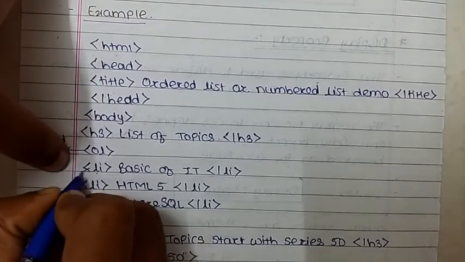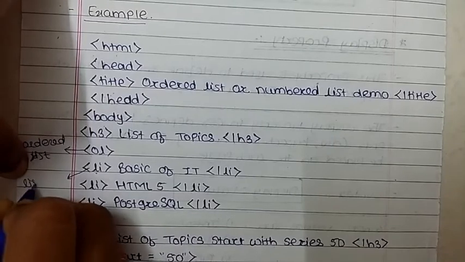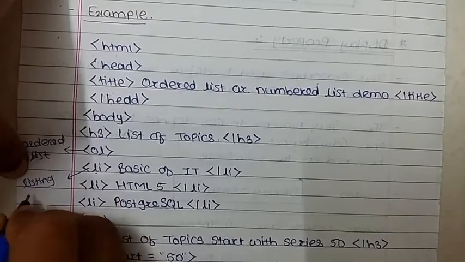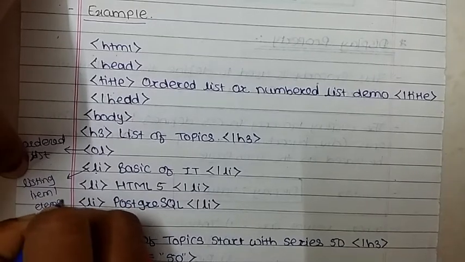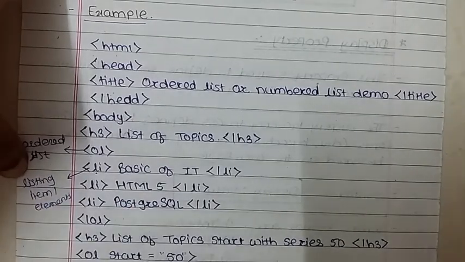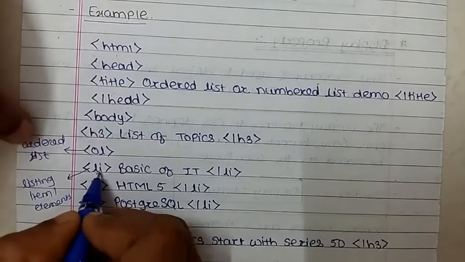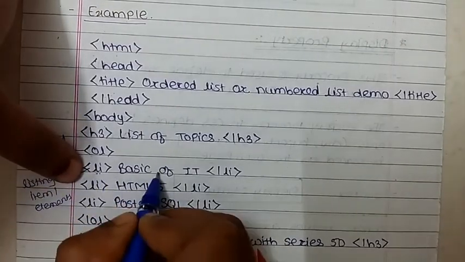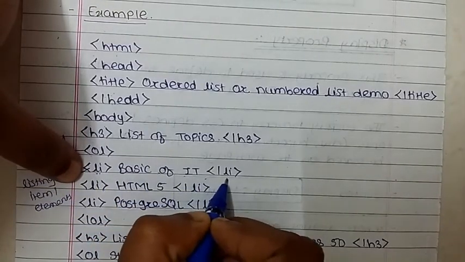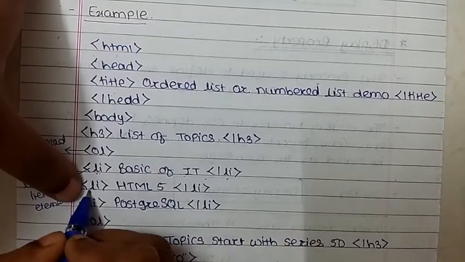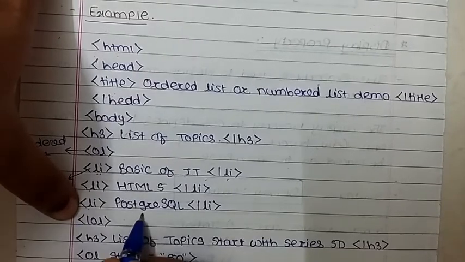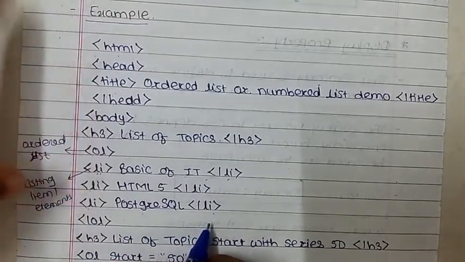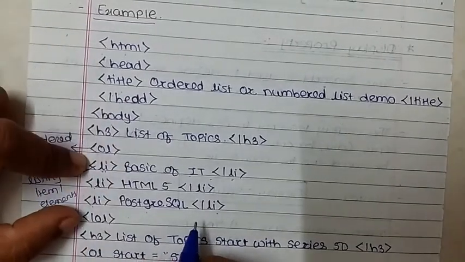Listing items or elements. So the first item of this list is Basic of IT. Then li closes here, then li HTML5, li closes, then next li PostgreSQL, and then li closes, and then this ol tag closes here.